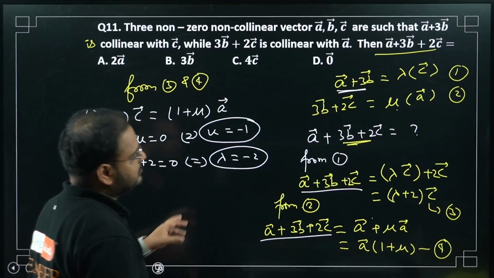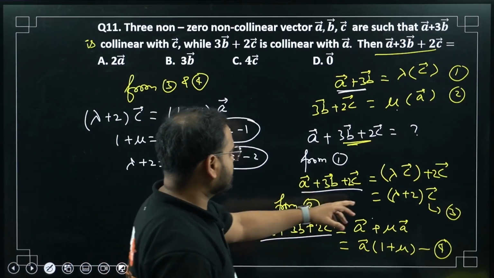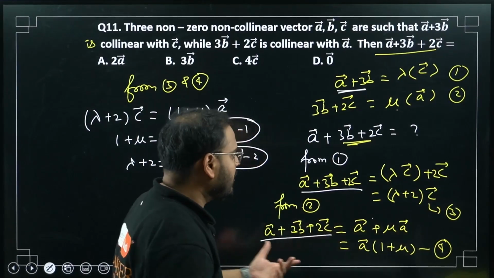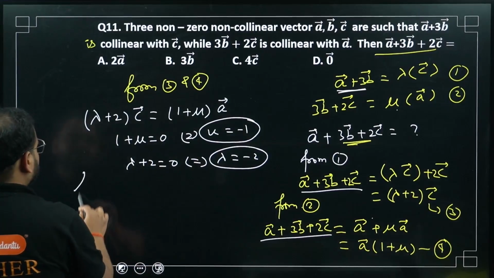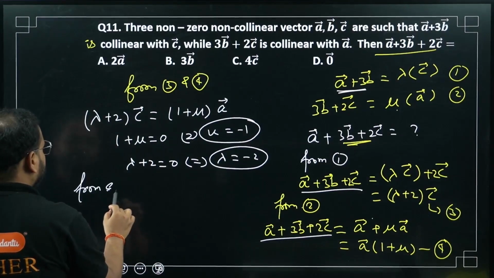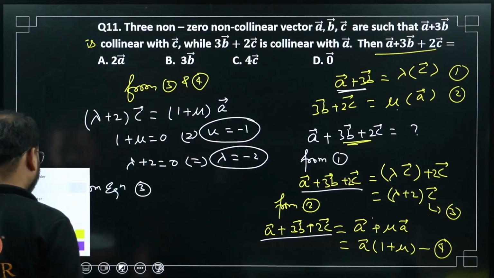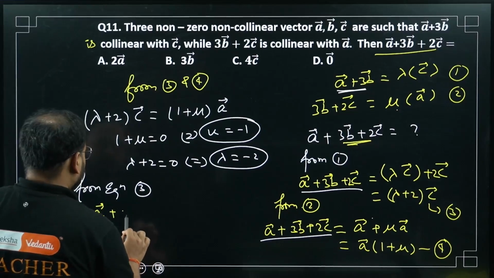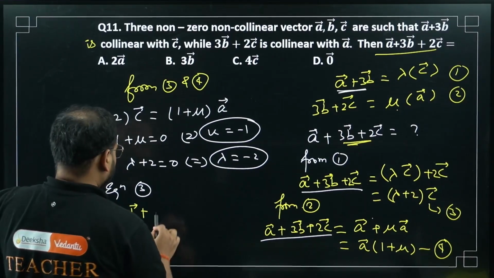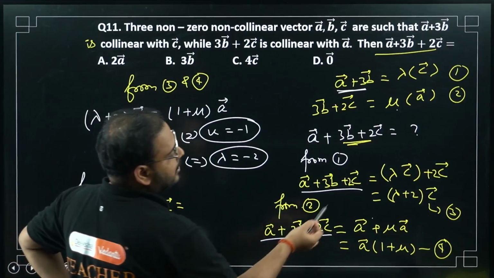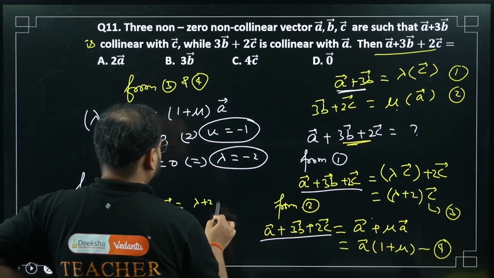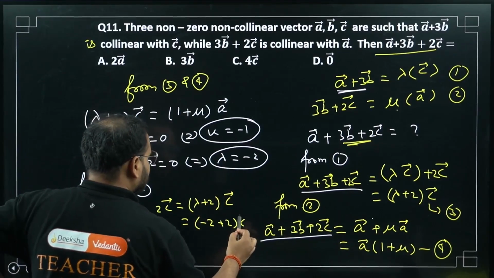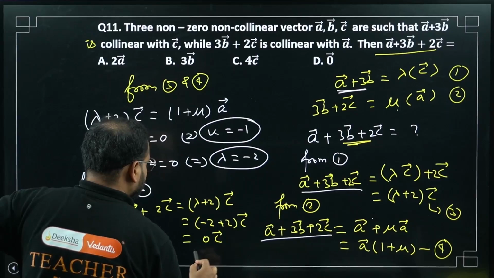Now if you put this in any of the cases, lambda equals minus 2: minus 2C plus 2C is 0. Let's use equation number 3 only. From equation 3, A plus 3B plus 2C is lambda plus 2 times C. Lambda is minus 2, so minus 2 plus 2 times C means 0 times C, which is simply 0.